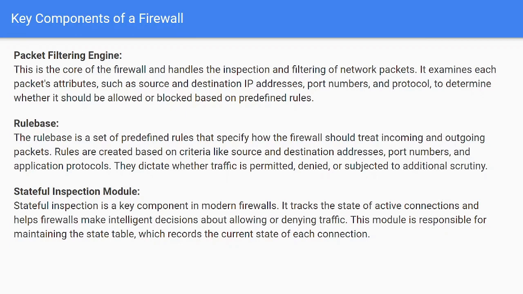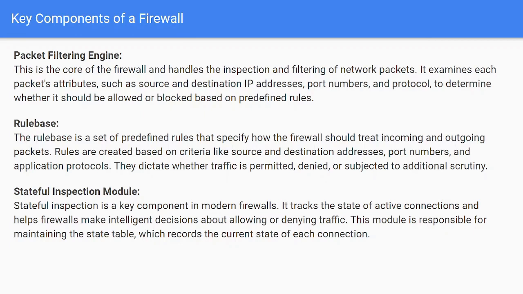It will examine the attributes of the packet: what is the source address, what is the destination address, what is the port number, what is the protocol. With all this valuable information, it checks against the predefined rules that have been set whether these particular things are allowed in this environment, or denied and blocked. If it's allowed, it goes through; if not, it is blocked or dropped.